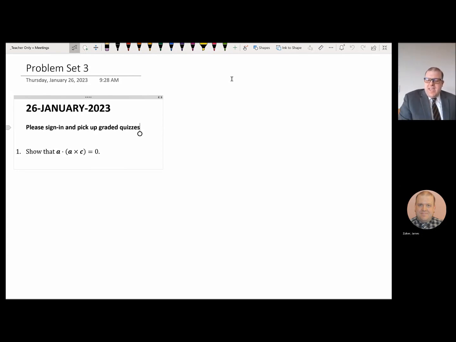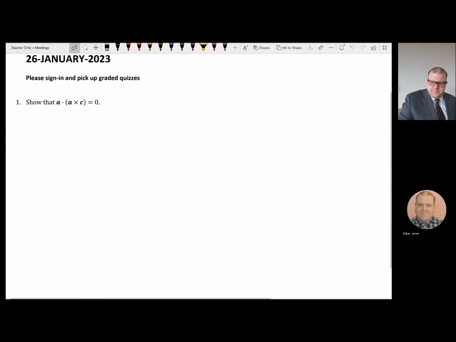What we're going to do is show that A dotted with A cross C is equal to 0. Well, this is a triple scalar.